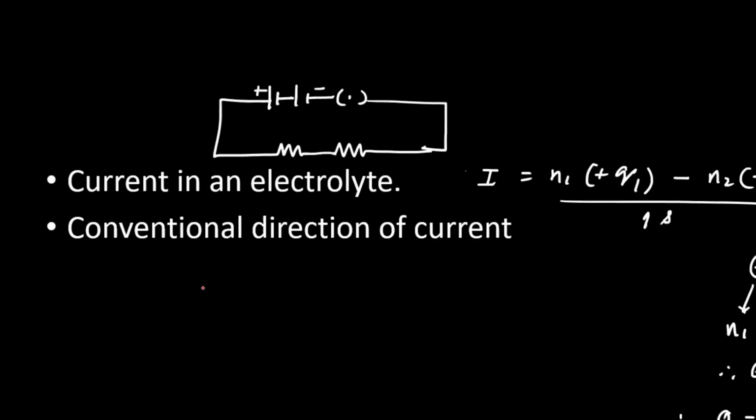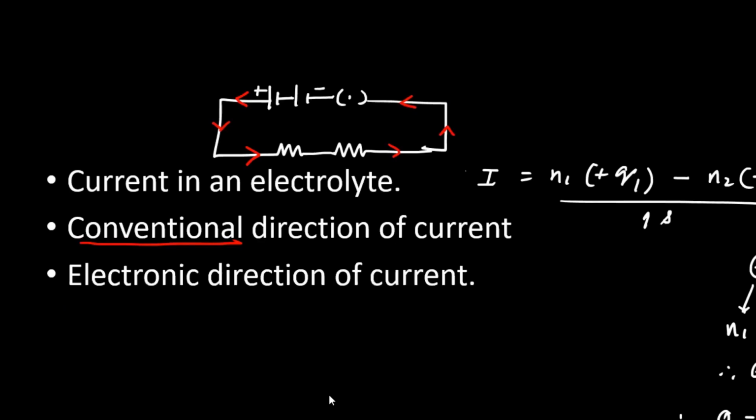When we are showing the direction of flow of current, you always show it from positive to negative. So this is called the conventional direction of current. However, when you talk about electrons flowing, electrons, which are negative in nature, flow from the negative to the positive end of the circuit.